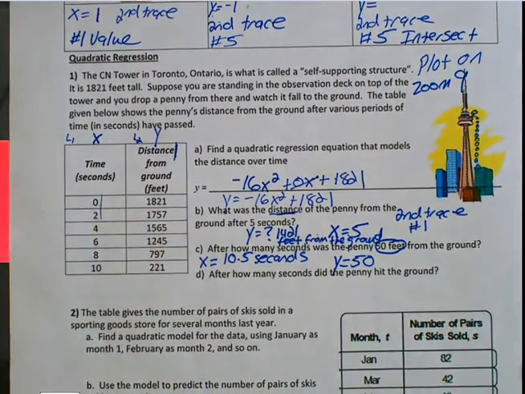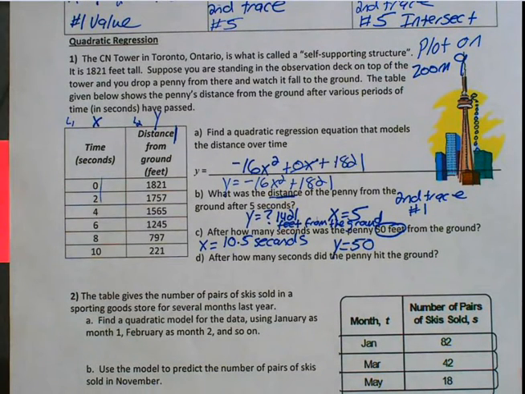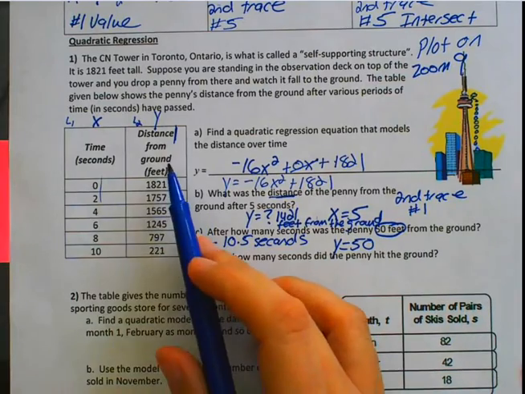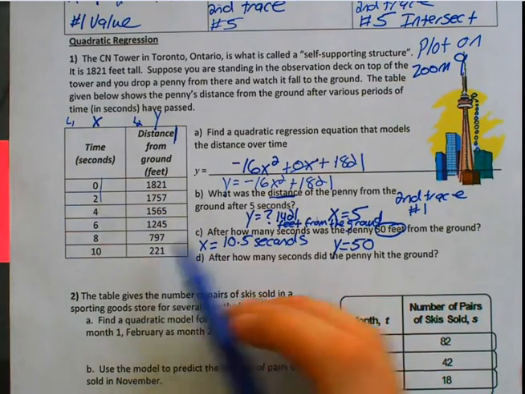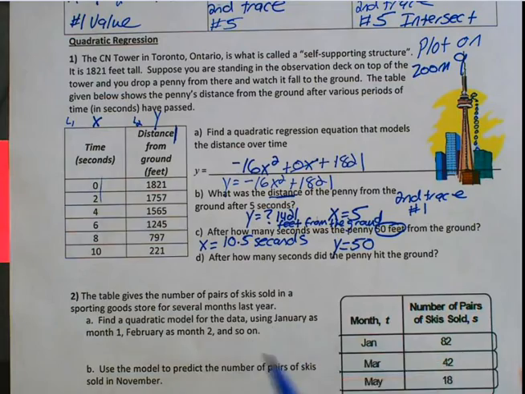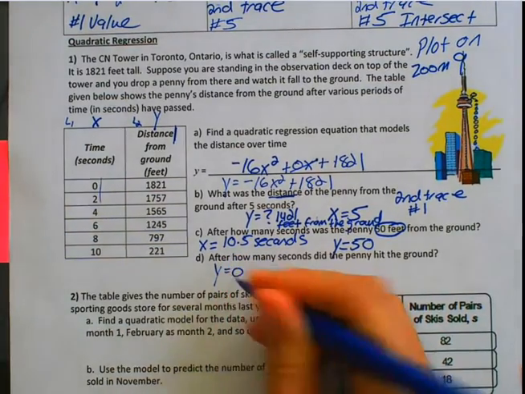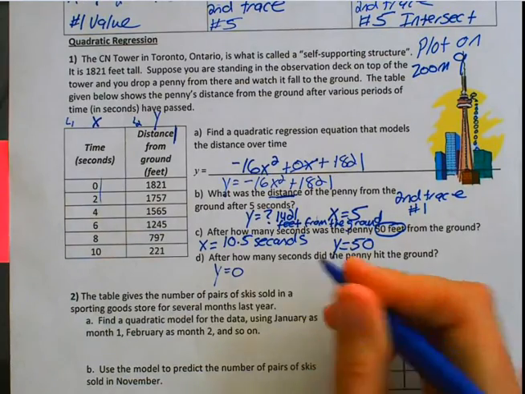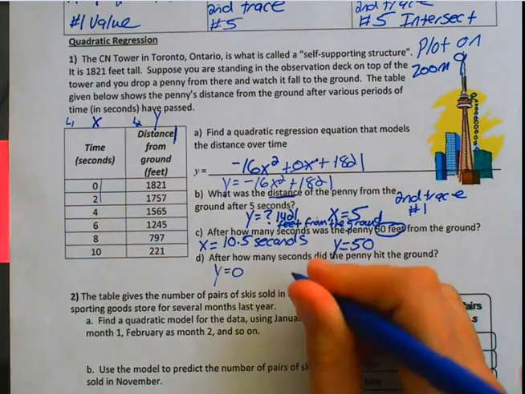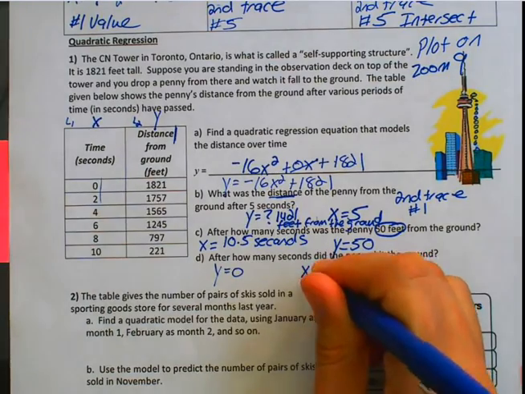All right, the last question says, after how many seconds did the penny hit the ground? Well, remember that this is the distance from the ground. So when the penny hit the ground, it would be at 0 feet, so y equals 0. And then they want to know how long did it take, so they're looking for what x equals.